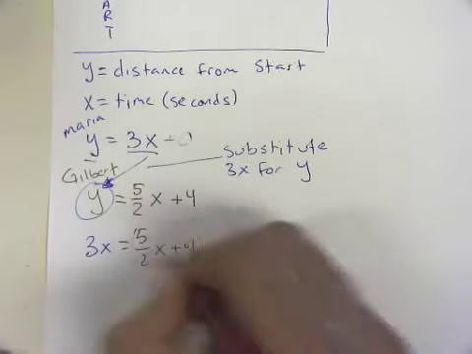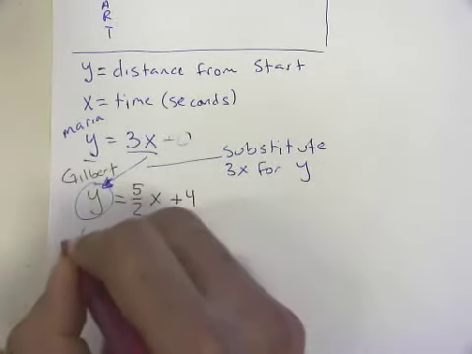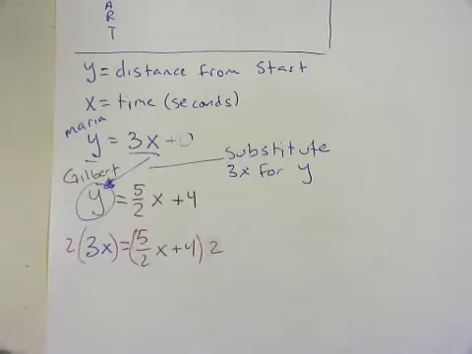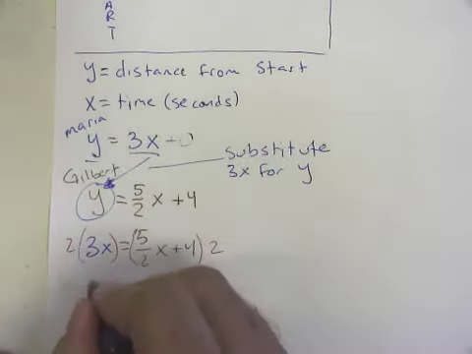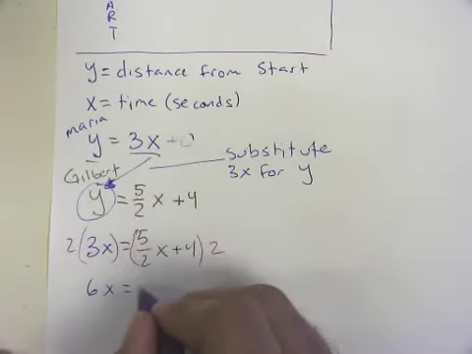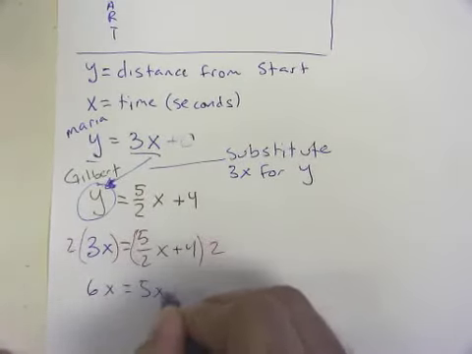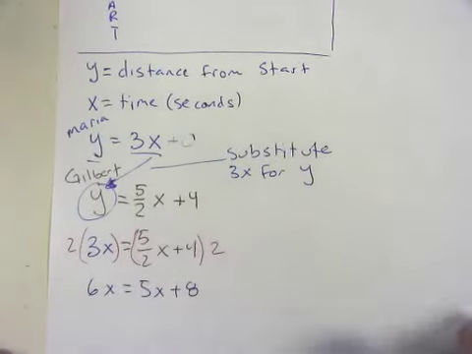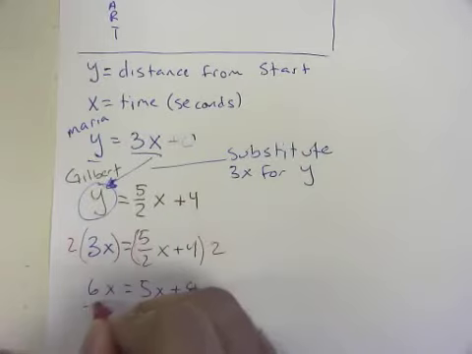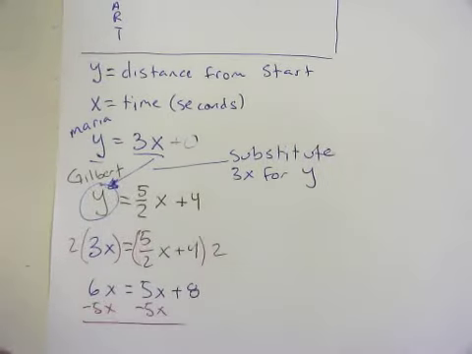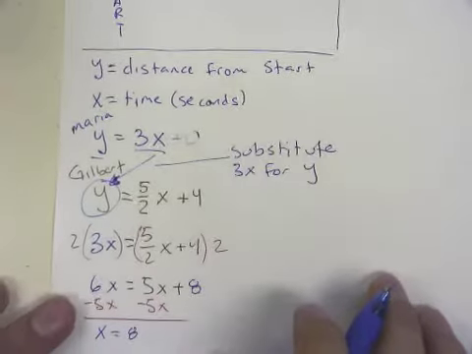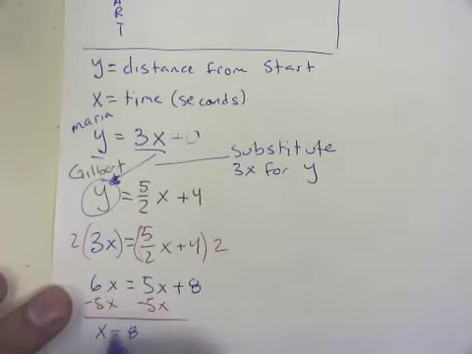Now if we solve this equation, we're going to be able to find out what value of x, in other words, what time. I'm going to multiply by 2 here just to get rid of the fraction. We're going to be able to find out what value of x makes it true that Maria's location is the same as Gilbert's location. So if we subtract 5x from both sides, we would have that x is equal to 8.